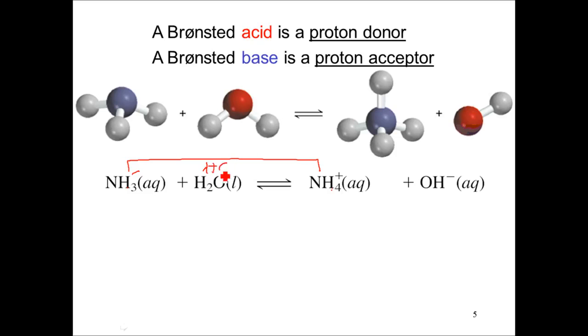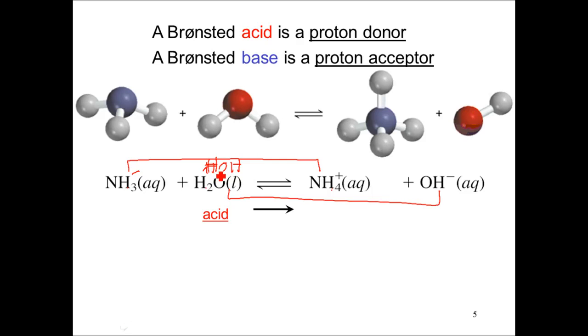Water, which we like to write as HOH in these reactions, when we bracket it and see what it turned into on the product side, turned into the hydroxide ion. What happened is it lost a hydrogen ion. Therefore, according to our Bronsted-Lowry definition, our acid is our water.